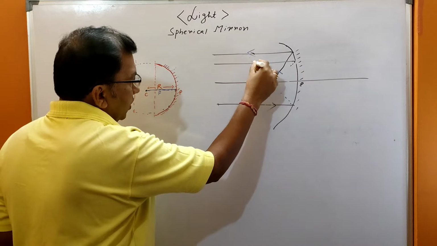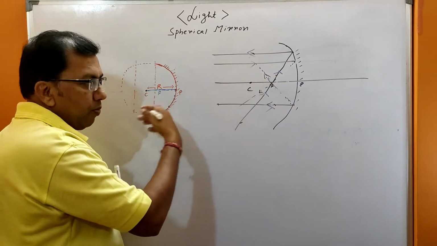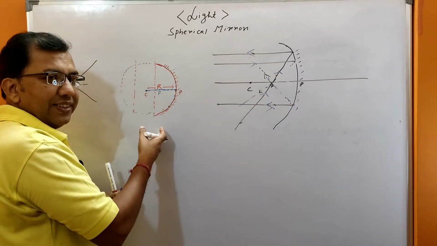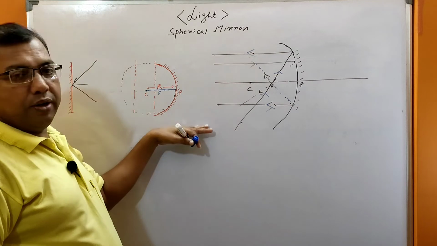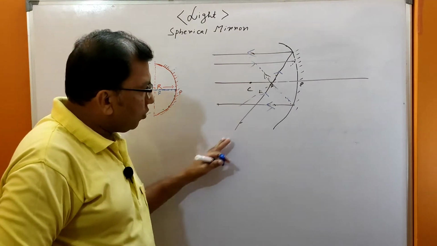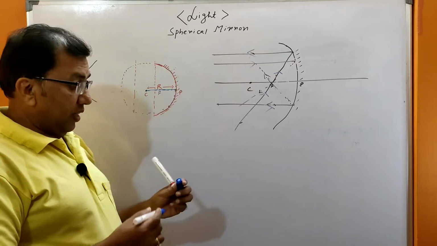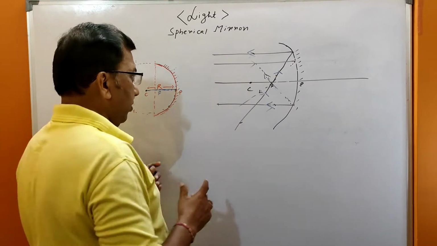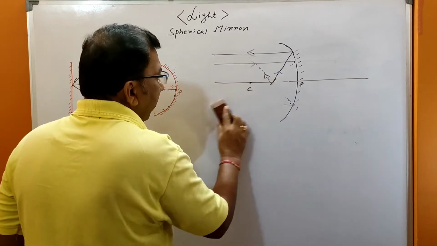A ray passing through the focus will bounce back parallel to the principal axis. Parallel incident returns back to the focus, and incident through the focus returns back parallel to the principal axis.